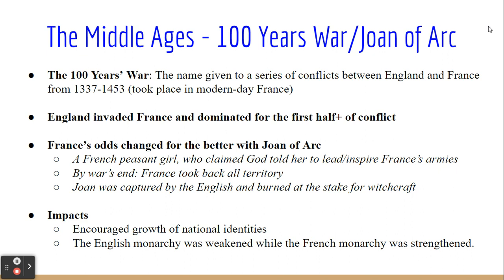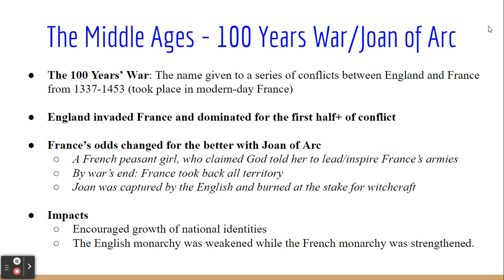The impacts of this war are immense as part of the Middle Ages. In a lot of ways, it encouraged the growth of national identities and taking pride in your ethnic background, whether it's French pride or English pride or, to come, Italian pride or Polish pride and things like that, that's going to increase as a result of this war in Europe.